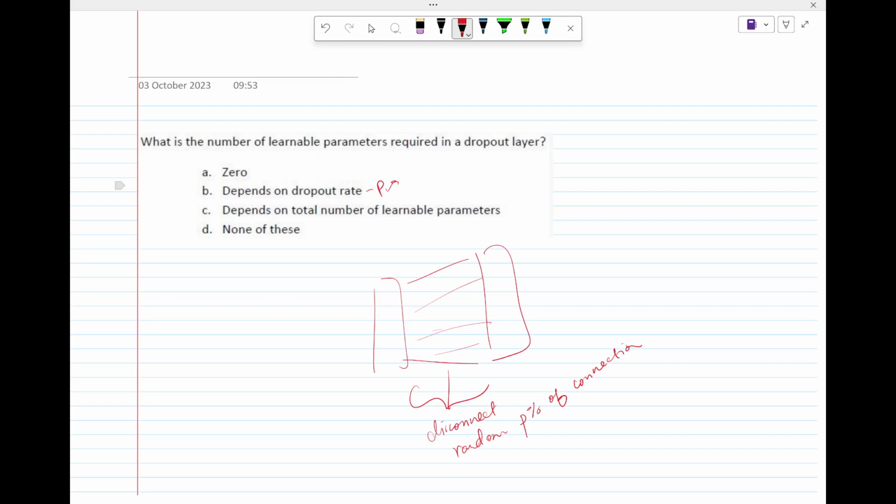So P, the dropout rate, is not really a learnable parameter, and it doesn't add any extra parameters to your model. You still work with the original number of learnable parameters in your network architecture. So it is 0.